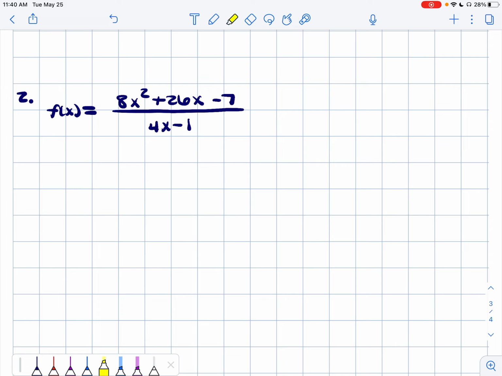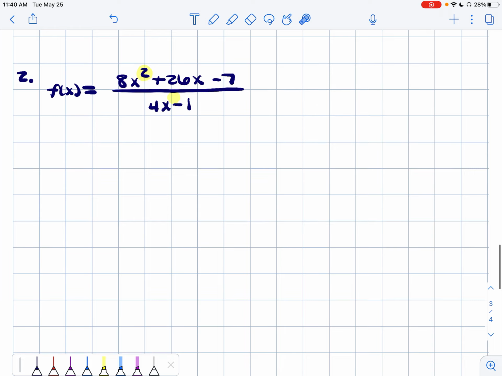All right, so once again, we start by comparing the degrees in the numerator and denominator. We can see that we have a degree of 2 in the numerator and a degree of 1 in the denominator. So degree of the numerator is exactly 1 higher than the degree of the denominator, which means we have a slant asymptote.